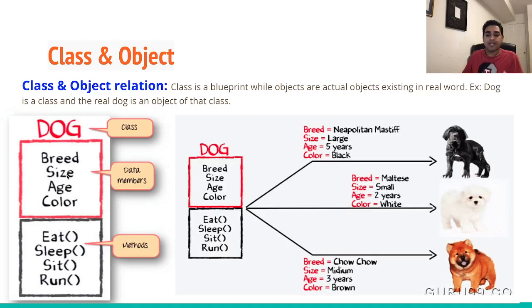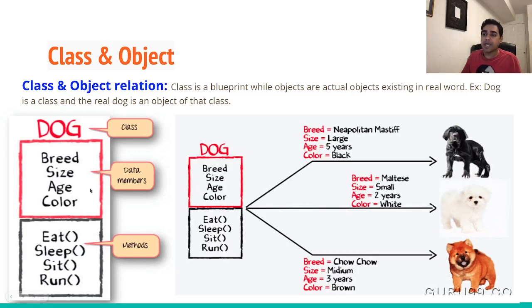And it also does some jobs, like it eats, it sleeps, it sits, it runs. Those are methods, because a method is nothing but something that does a specific job. Sleep is a kind of job.